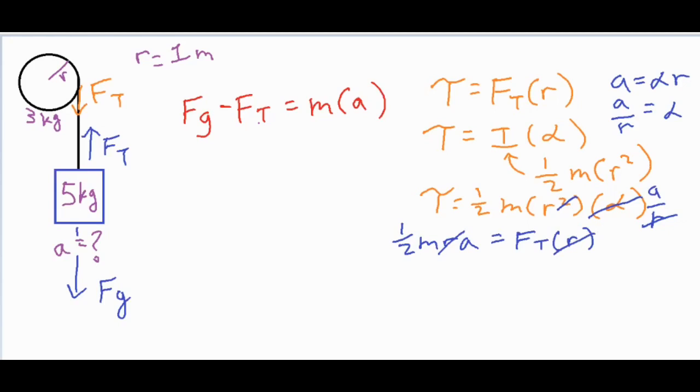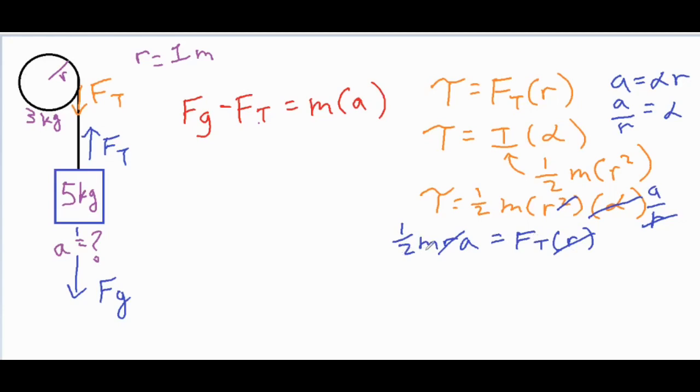Now, the connection between the two, meaning the 5 kilogram block and the 3 kilogram disc or pulley, is this Ft. So they both experience the same Ft. This Ft is basically a restrictive force on the 5 kilogram block, and this Ft is providing the torque on this disc over here. So I see an Ft over here, and I see an Ft over here. So what I'm going to do is go ahead and do a substitution.